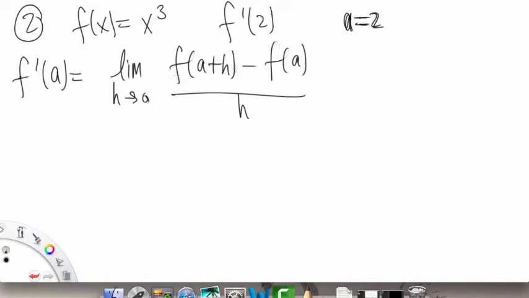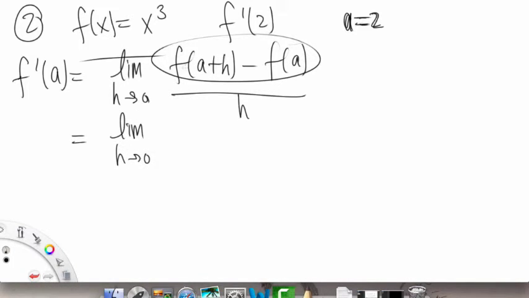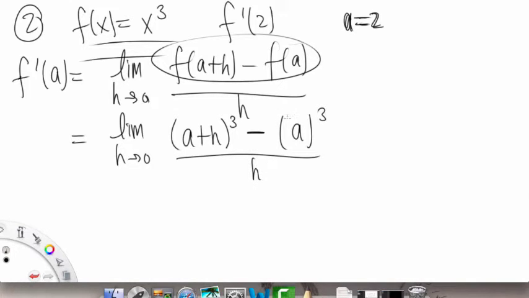So here, let's rephrase these top things in accordance with f of x equals x to the third. So what we're going to get is the limit as h goes to 0, f of a plus h is now a plus h to the third, according to our given function, and then minus f of a, that would just be a to the third, and this, of course, is all over h.